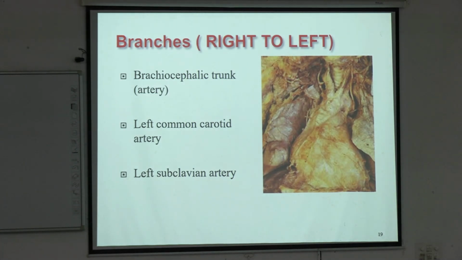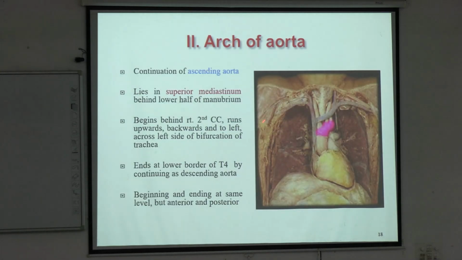Now, during dissections, you may not see these branches very well. The reason is that whenever we cut in the thorax region, we make a low cut. We do not cut where these branches go to the root of the neck, because we want to preserve the contents of the neck during these dissections.